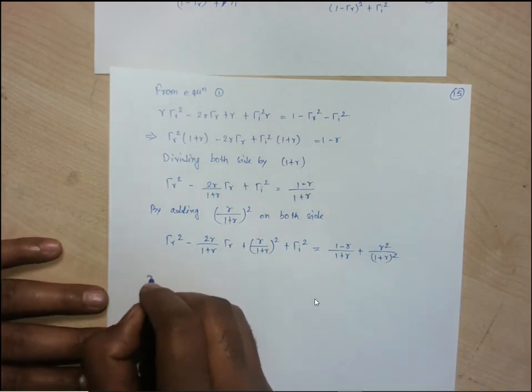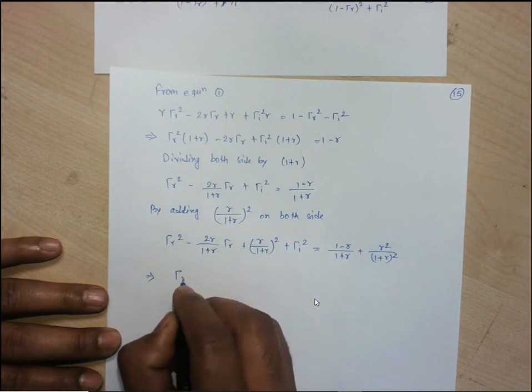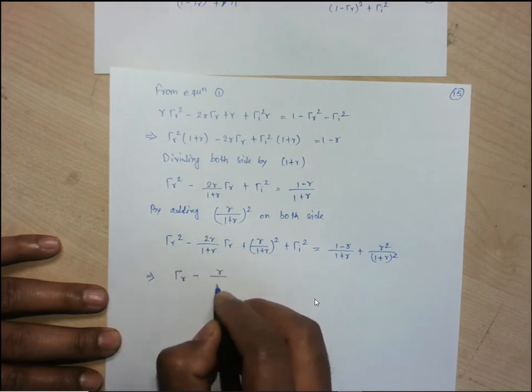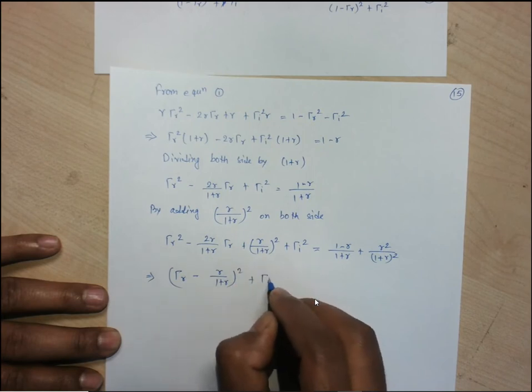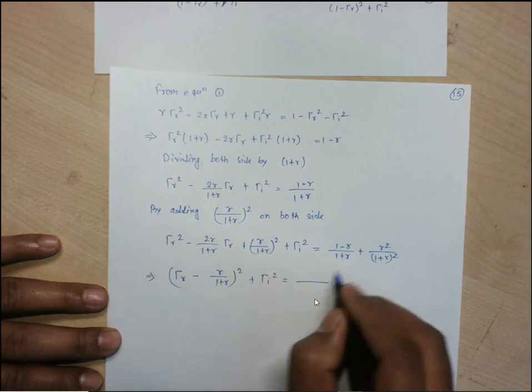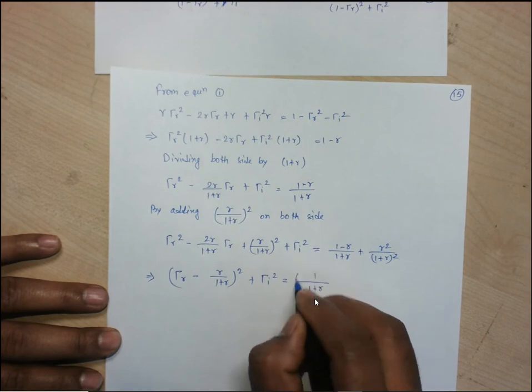So we can write this one as gamma r minus r by 1 plus r whole square, plus gamma I square equals 1 by 1 plus r whole square.